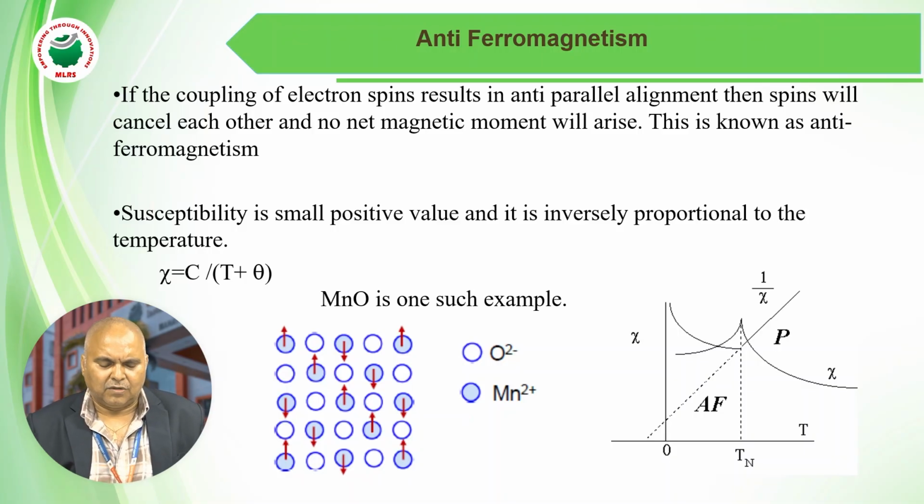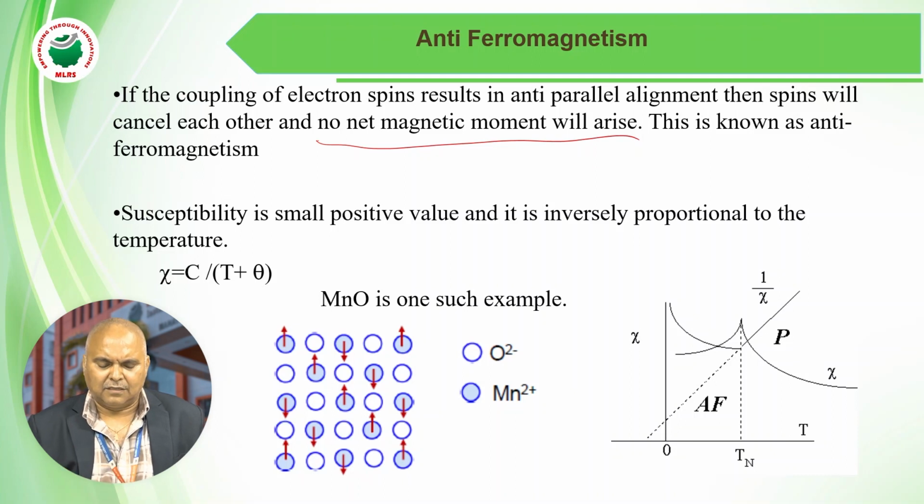But now we just study what antiferromagnetism is. Antiferromagnetism is the anti-parallel alignment of spins that cancel each other, so no net magnetic moment arises. One is up, another is down, so due to this anti-parallelness, the net magnetic moment will be zero.